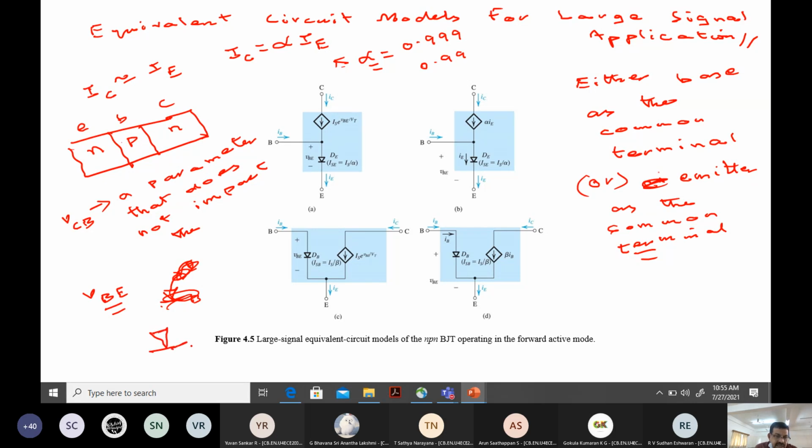This is my emitter. Under forward bias, if you remember, it will be like this. So always draw this circuit to begin with. This is my negative, this is my positive. This is forward bias, this is reverse bias.